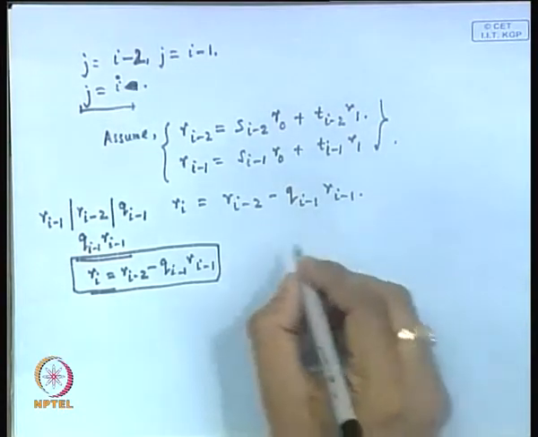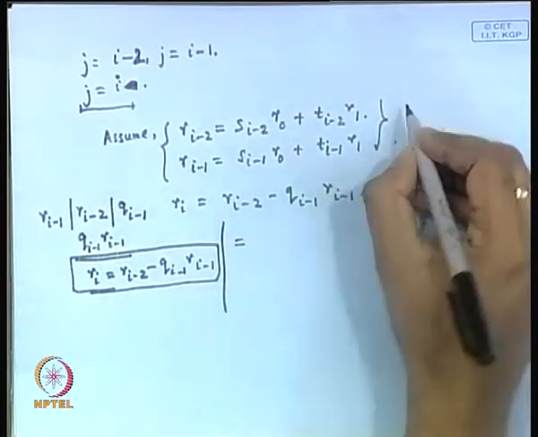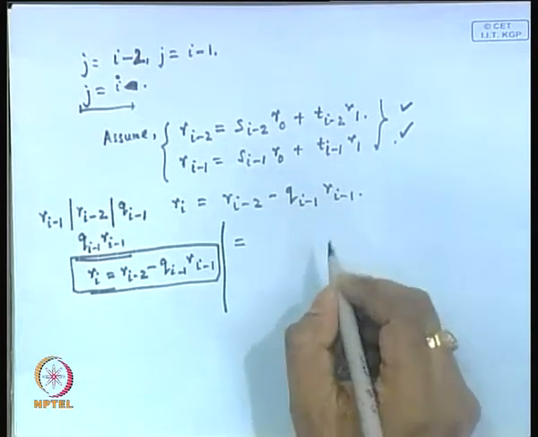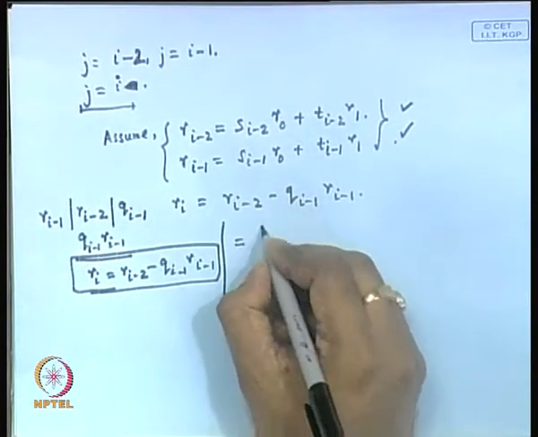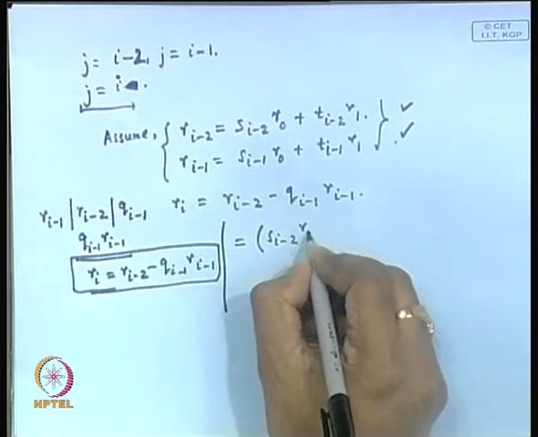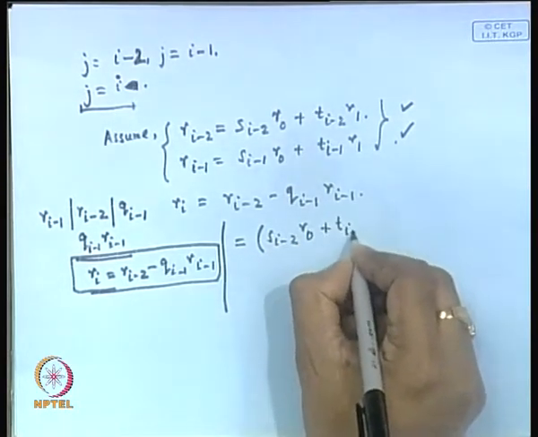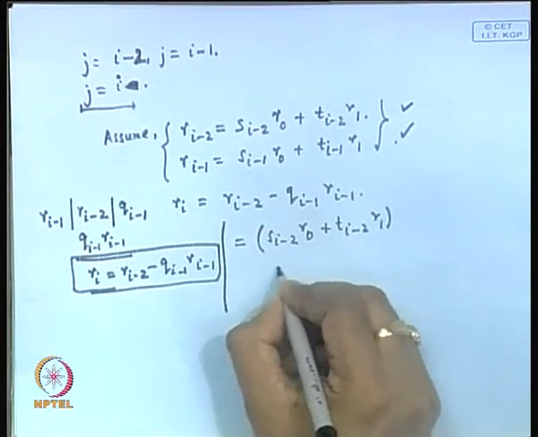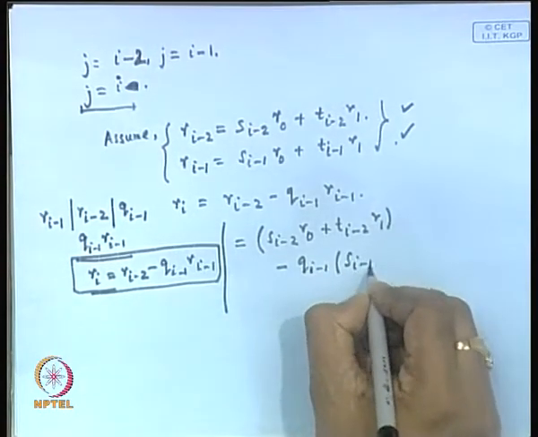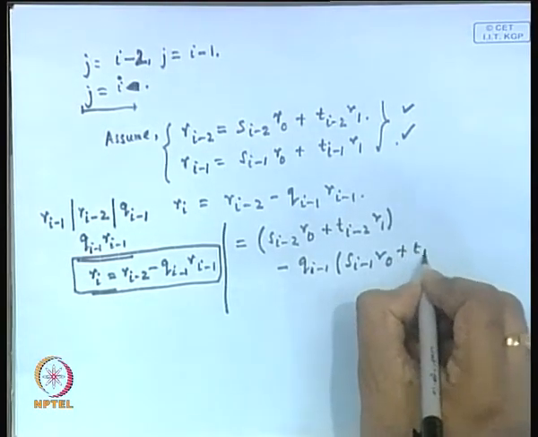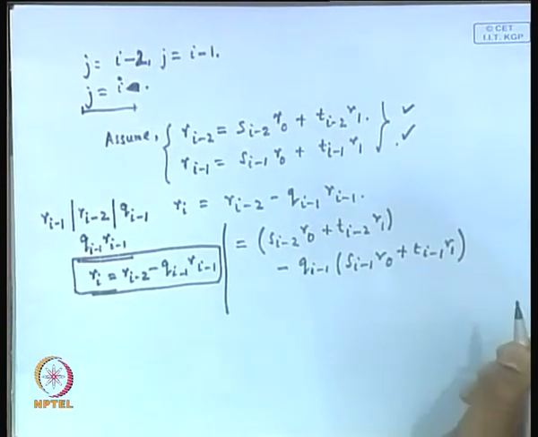So, I can take these previous two assumed results and plug them in. I get Ri equal to Si minus 2 R0 plus Ti minus 2 R1 minus Qi minus 1 times Si minus 1 R0 plus Ti minus 1 R1, okay.